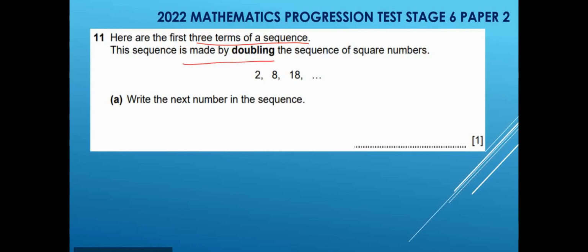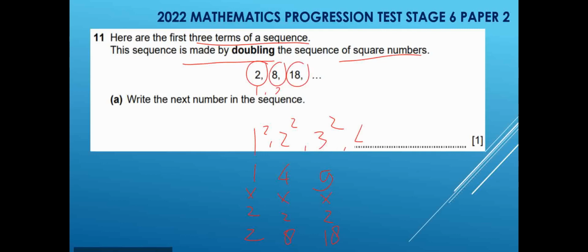The sequence is made by doubling the square numbers. The square numbers are 1 square, 2 square, 3 square. So it's 1, 4, and 9. And times 2 is 2, times 2 is 8, times 2 is 18. That's how we got 2, 8, and 18.